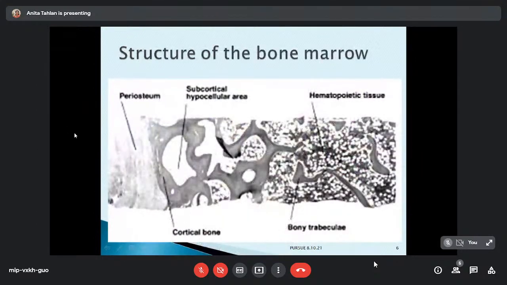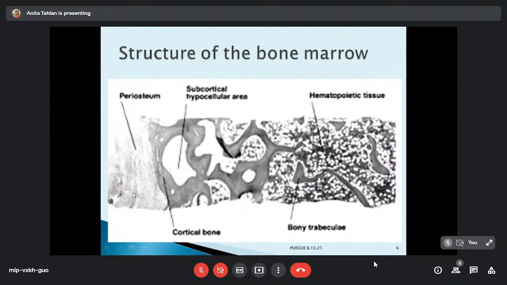So the cortex of the bone is lined by the periosteum, which is lined by the periosteal cells. So this cortical bone is very thick and encompasses the bone marrow. Then this cortical bone gives a honeycombing of bony trabeculae, which are lined by the endosteal cells, and they run parallel, and in between they have the cement lines where they get mineralized and ossified.